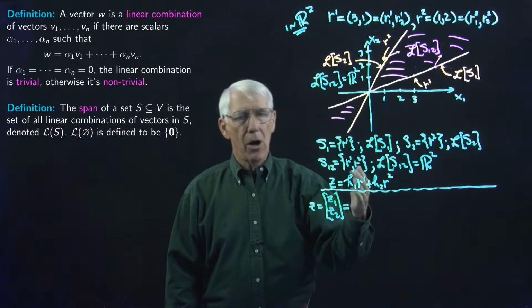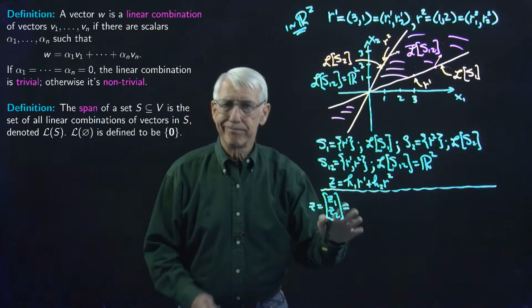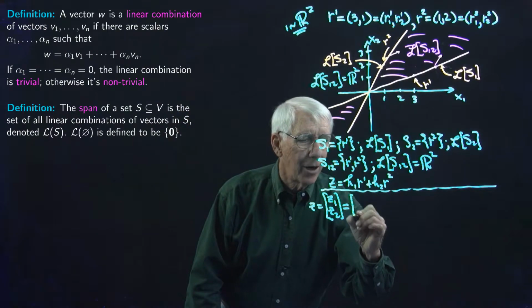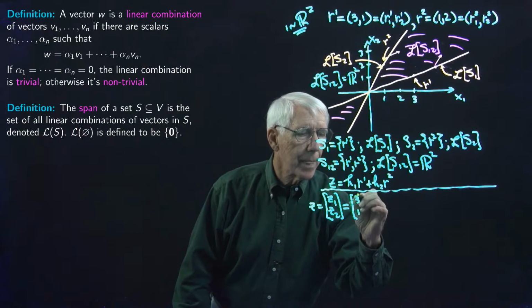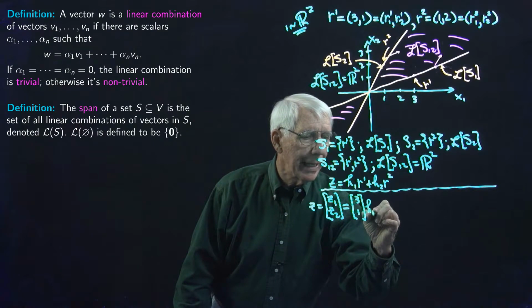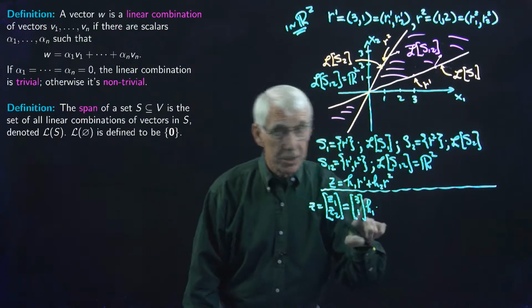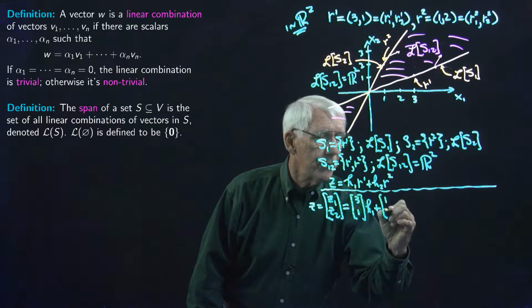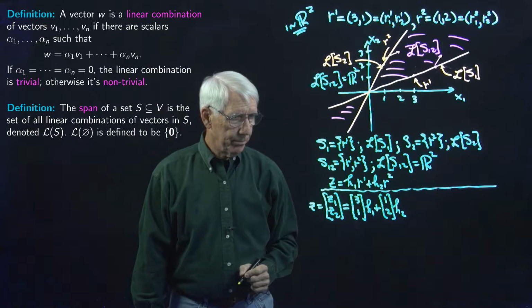I'm going to write the r1 vector first and the scalar second, just because of what I'm going to do with them in a few moments. So I'm going to write the r1 vector, which is 3, 1, and then multiplied by h1. I could put the h1 in front or behind, it doesn't make any difference since it's a scalar. And then I have the r2 vector, which is 1, 2, and the scalar h2.